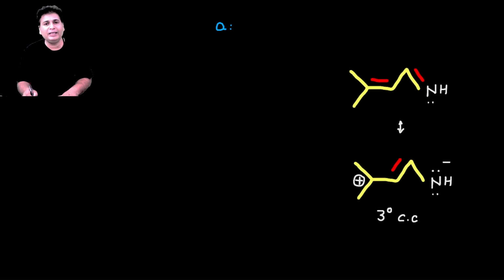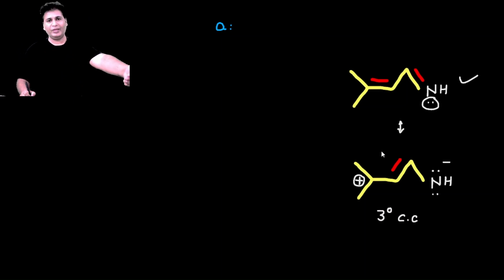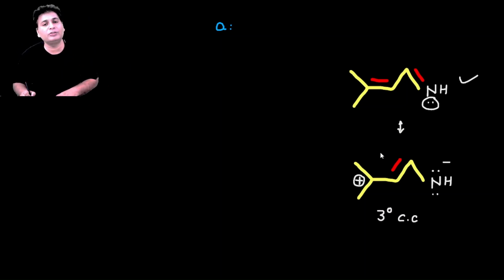As you can see, this is our compound and the lone pair under investigation is not going to get delocalized. You should understand why: the lone pair is not in conjugation with the pi system.